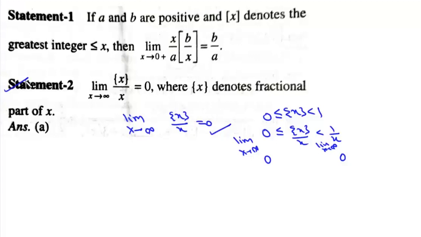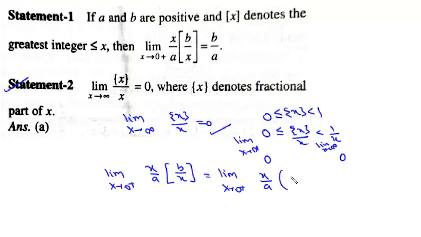Now if we look at statement 1, then we are supposed to find the limit as x tends to 0 positive of x upon a times the greatest integer function of b by x. Now we can write this as the limit as x tends to 0 positive of x by a times b by x minus the fractional part of b by x.